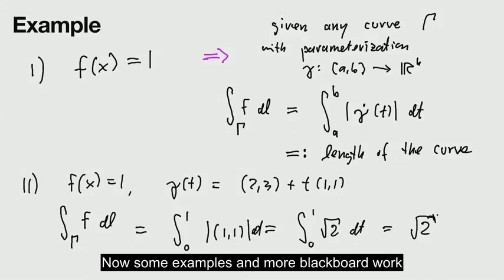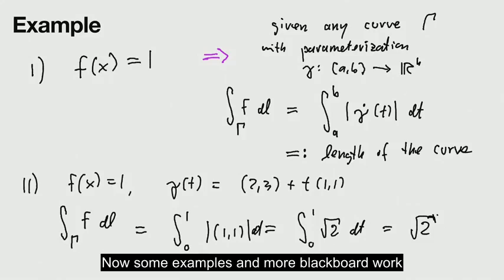We move along a path, let's say from 0 to 1. That's the interval, how we parameterize the path, with constant speed 1. Let's do that for simplicity.